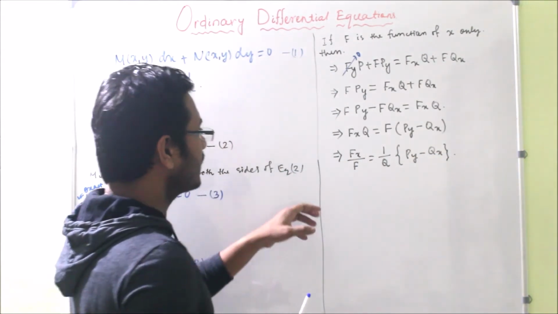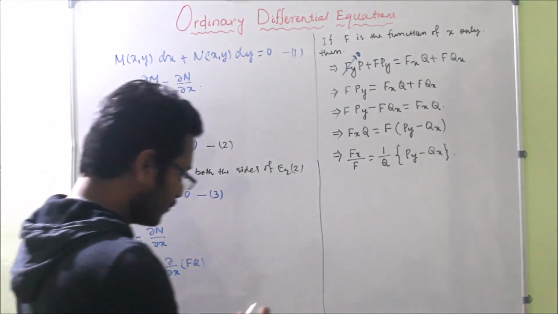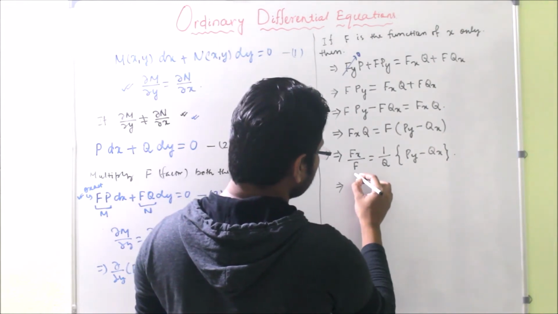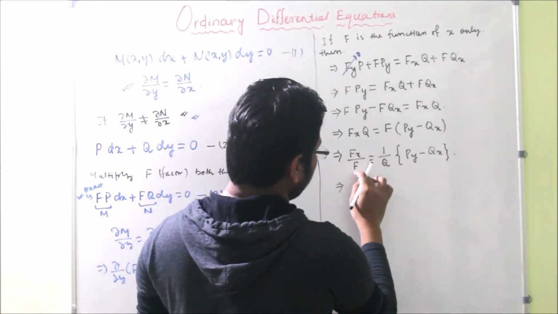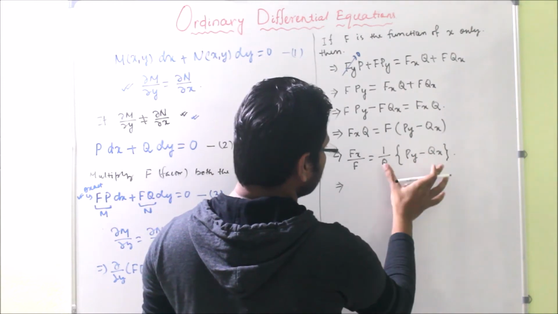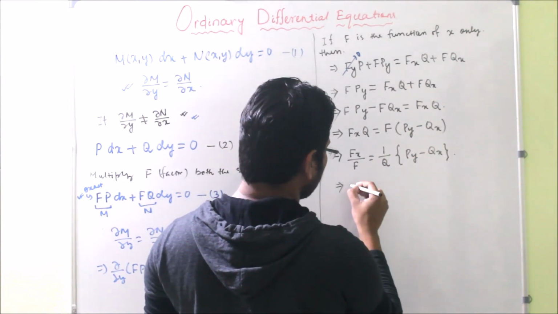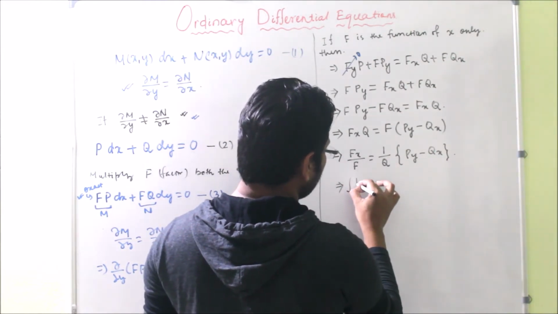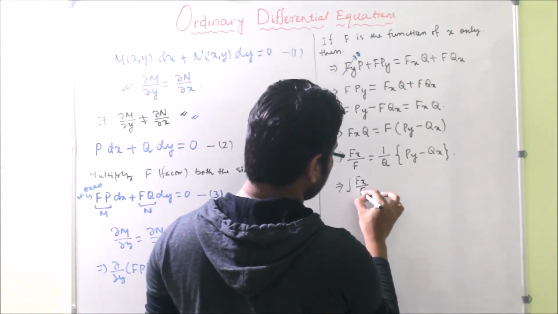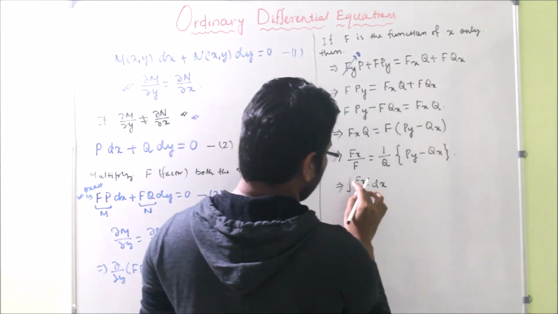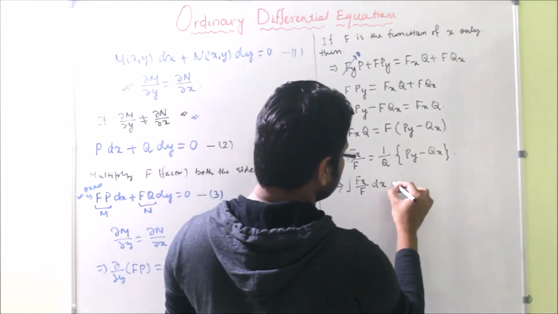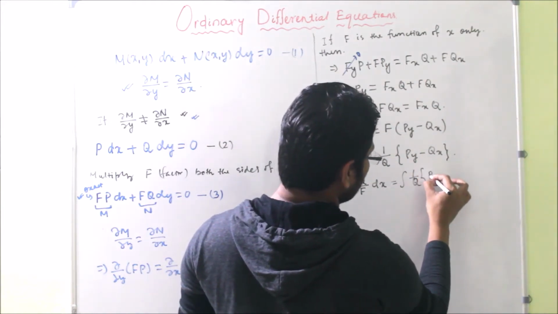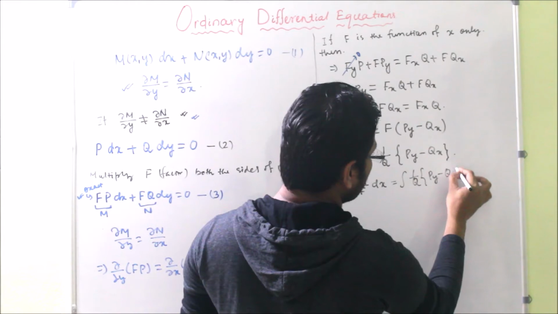So what we want? We want f. So what will be f? How to find? Now this f_x by f is there, and here on the right side the expression is there. What we will do? We will do integration both the sides with respect to x. So integration of f_x by f dx, right side will be integration of this same term with respect to x.